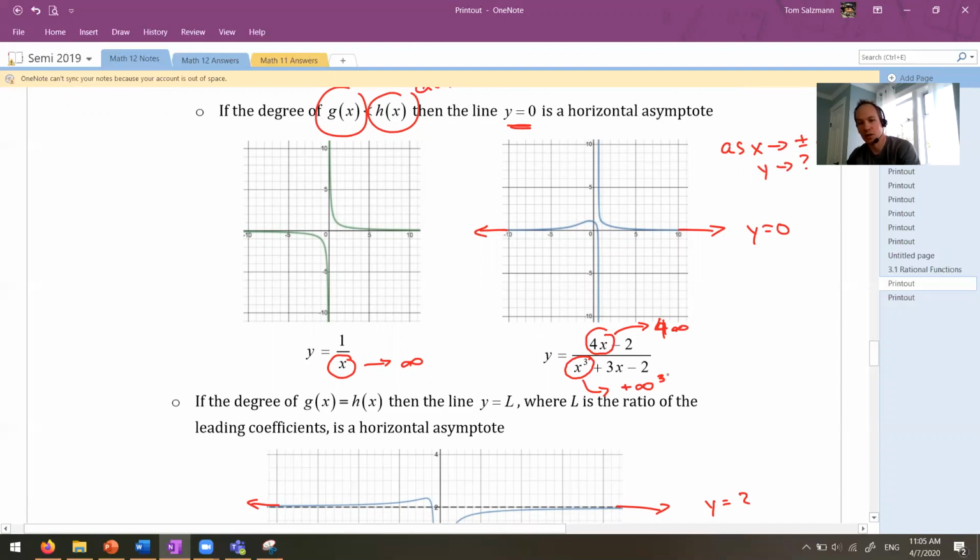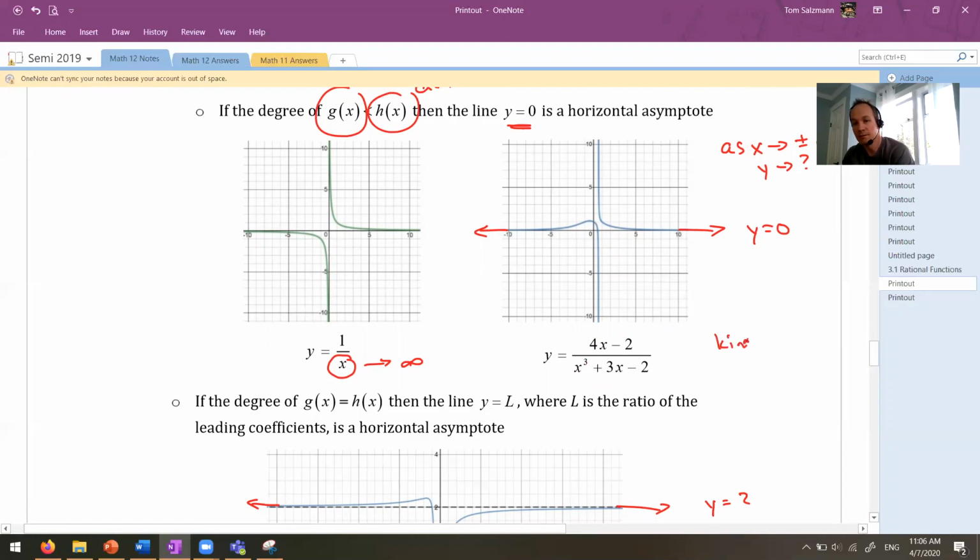Turns out the one on the bottom grows faster. We're not saying it's actually infinity, because someone's going to say, isn't infinity cubed just infinity? We're thinking, what if the numbers got really, really big? Big numbers cubed on the bottom are going to get bigger than big numbers on the top, just to the power of 1. So as long as the degree of the bottom is larger than the top, it's going to grow faster.